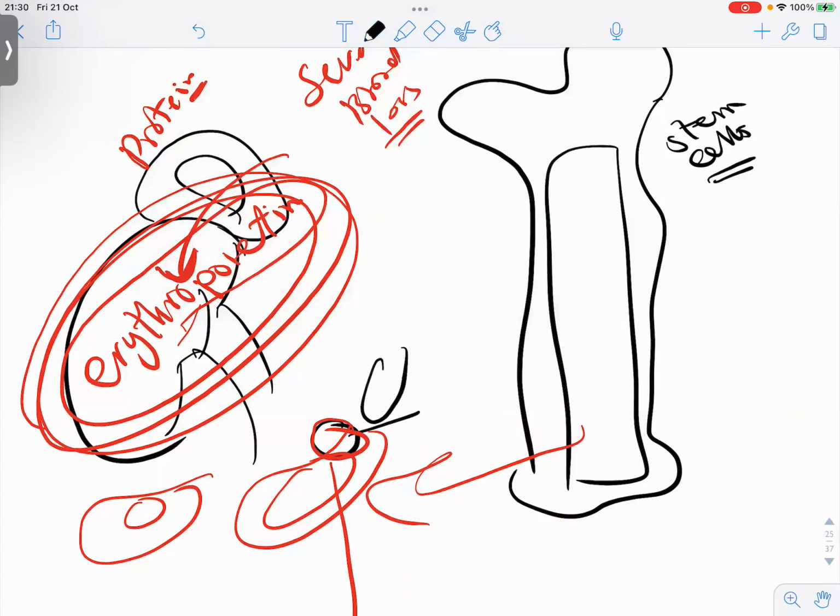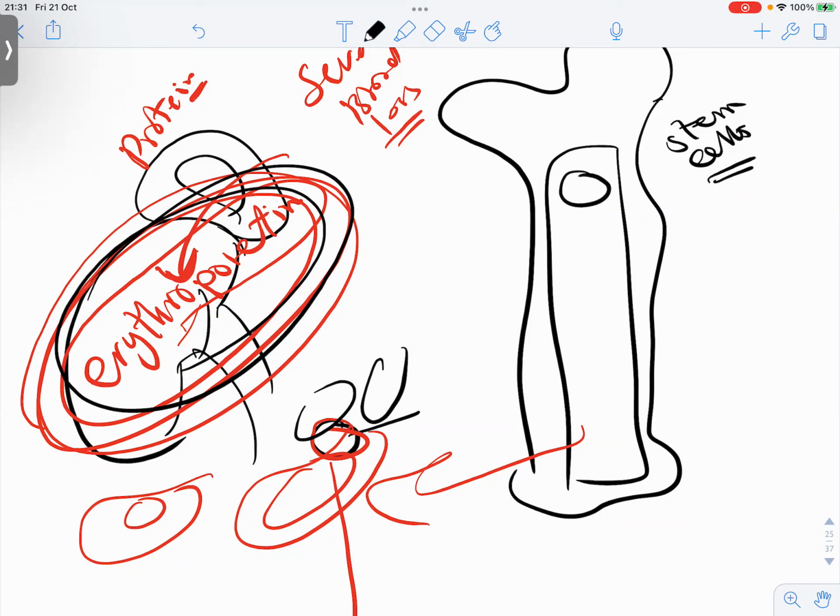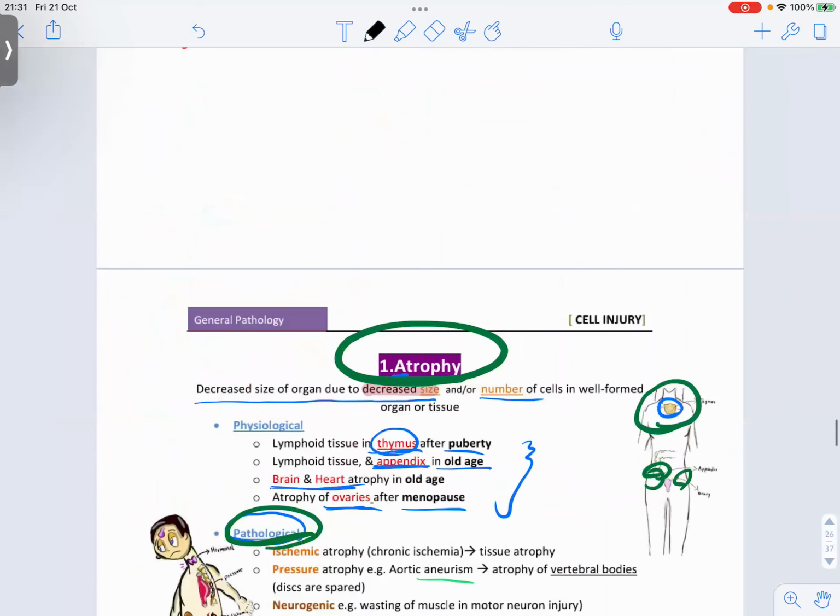Why? Because there's a lot of erythropoietin stimulating the bone marrow: secrete red blood cells, please, and more red blood cells. After some time, the bone marrow will say, I'm very sorry, I cannot secrete that many red blood cells, so take the stem cells outside. And of course, it's abnormal.